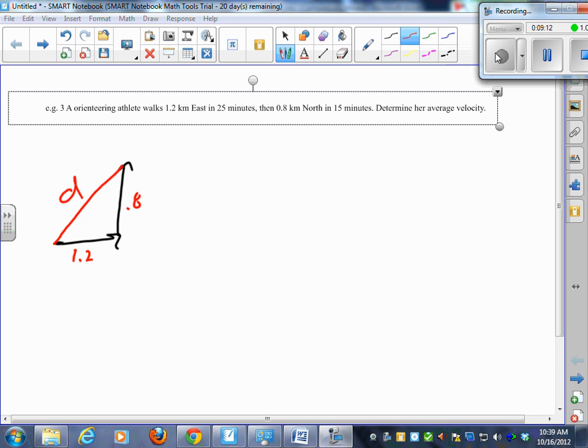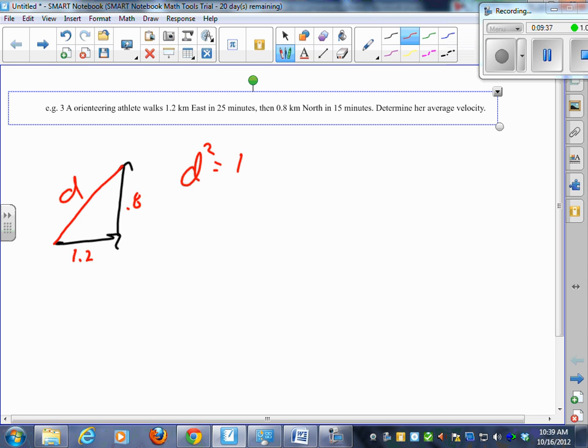Okay, let's see here. Just going to remind you again, the athlete walks 1.2 kilometers east, that's this vector here, and then 0.8 kilometers north in 15 minutes, right? Determine the average velocity. So the first step is to find the overall displacement, which I've marked here in red. I'm going to do that by Pythagoras. I can do it by Pythagoras because it's what kind of triangle? A right triangle, because it's east and then it's north. There's no angles involved, other than 90 degrees, right?